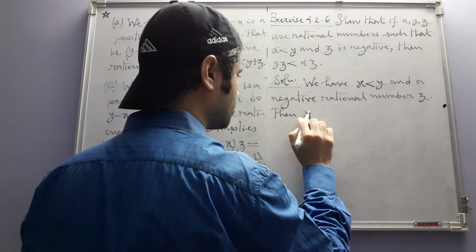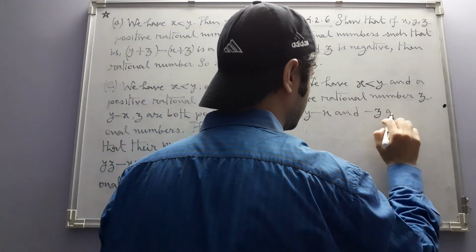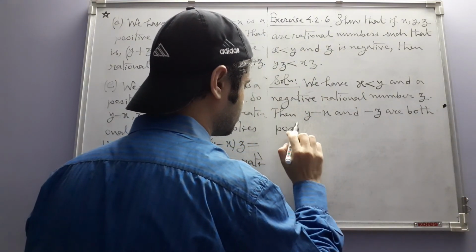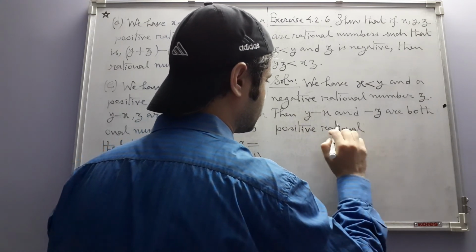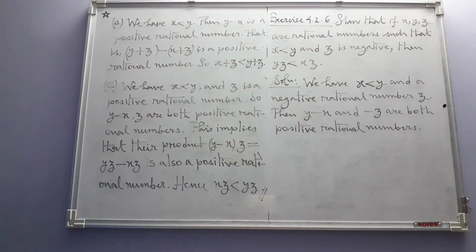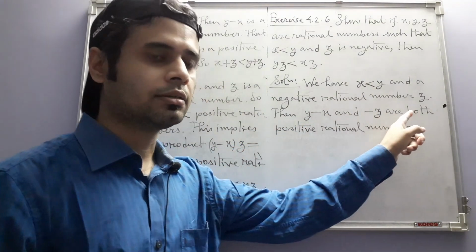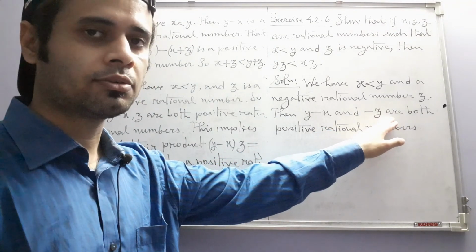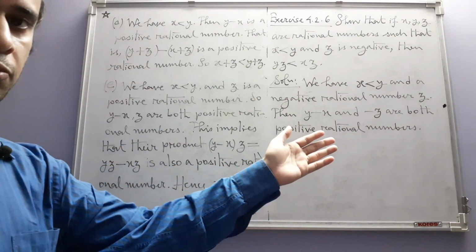Then y minus x and minus z are both positive rational numbers. Y minus x is a positive rational number that is coming from here, and negativity of z implies minus z is positive. We are not using any result to conclude that minus z is positive. Notice that it is coming directly from definition 4 to 8.